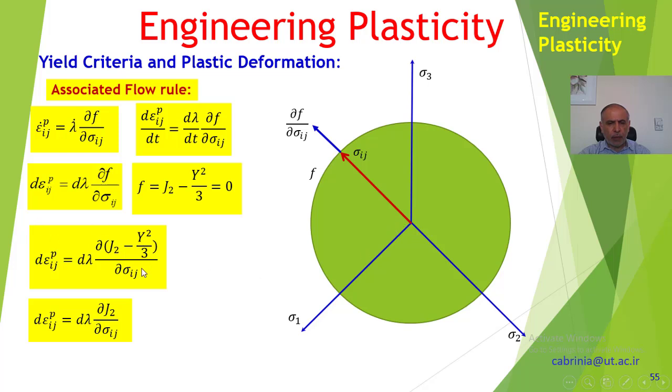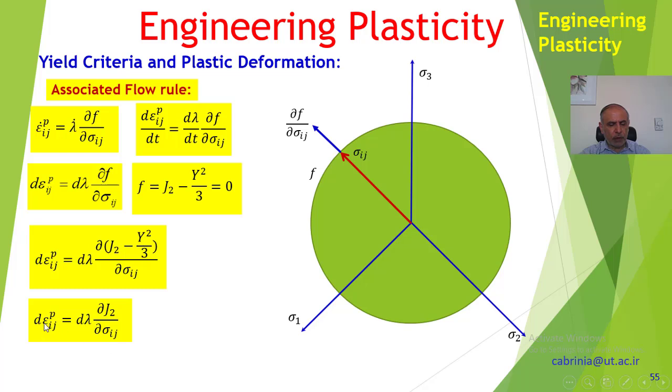In a uniaxial tensile test, the yield stress is equal to Y. So when we differentiate this with respect to sigma ij, we get partial J2, and that one is 0, so just partial J2 over partial sigma ij, and we know what J2 is, so this is known.